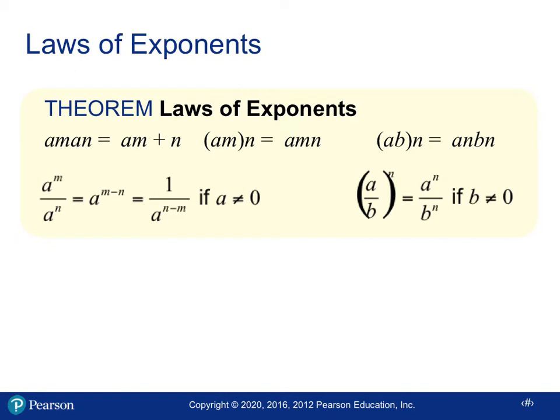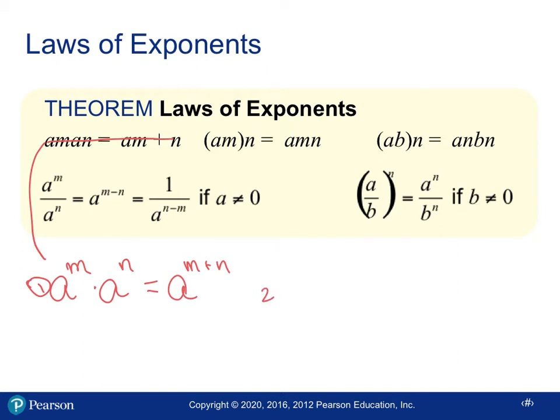So let's look at this theorem. The whole portion up here on the top we have to just fix. So let me adjust this. So this first theorem should be a to the m times a to the n is equal to a to the m plus n. So that's the first one.